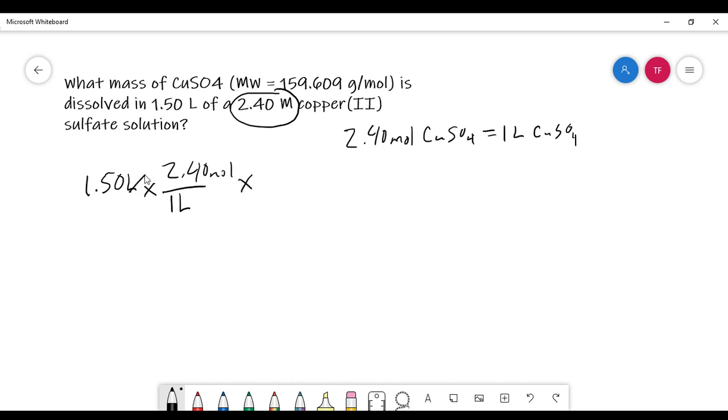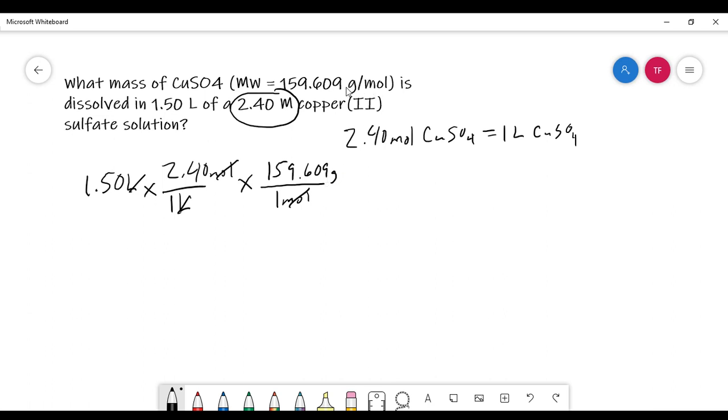At this point, our liters have been transformed into moles, and so we'll figure out how many moles are actually dissolved in 1.5 liters. But we don't want moles, we want grams. So we're going to convert our moles into grams using the molar mass. 1 mole of copper(II) sulfate is 159.609 grams of copper(II) sulfate. Moles cancel, and we're left with grams.